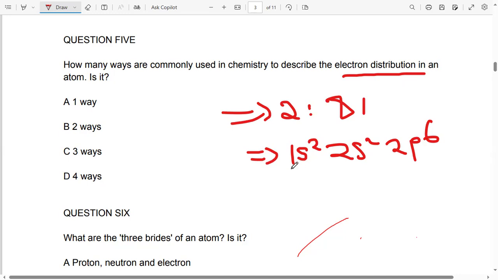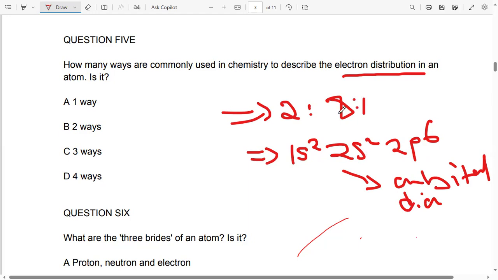Okay, so this is a representation of the electron distribution. From this, you can come up with what we call orbital diagrams, from that electronic configuration in this form. So we mainly have 2.